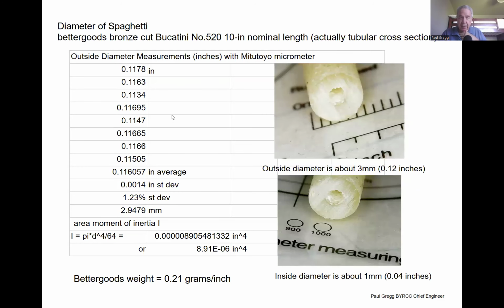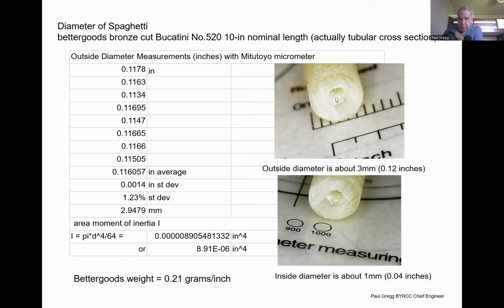This is a cross section of the Better Goods spaghetti. It's actually a tube. It has a little hole in the middle of it, so it's quite a bit bigger in diameter than the other pieces of spaghetti, but it has a hole, and that is a good, efficient use of the material because it increases the bending stiffness of it, which is the moment of inertia.